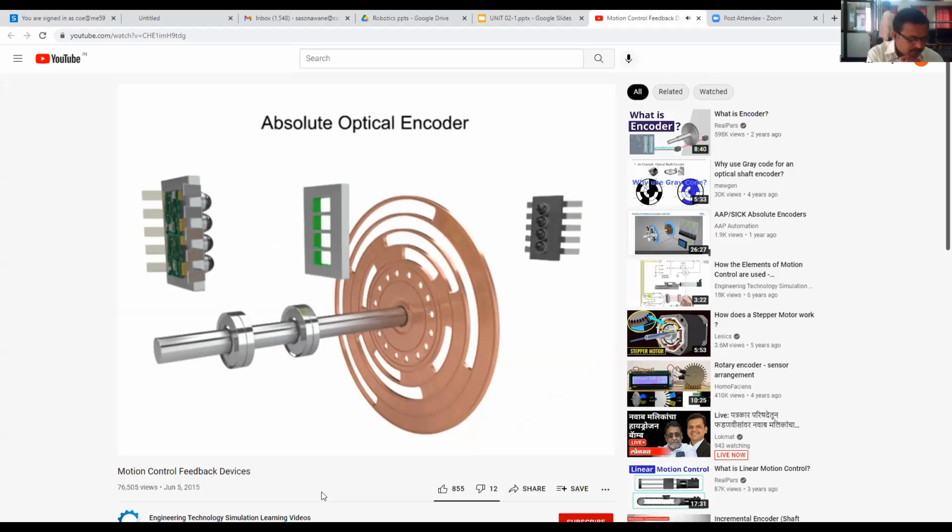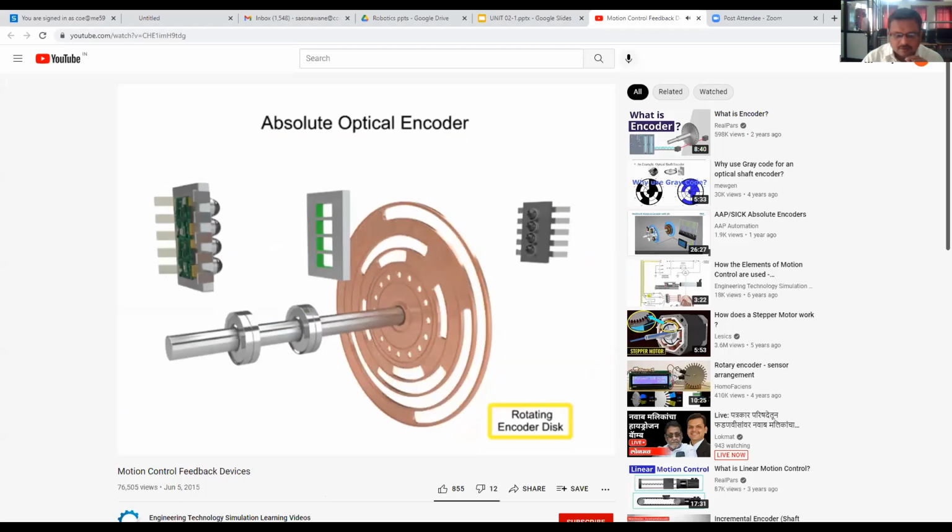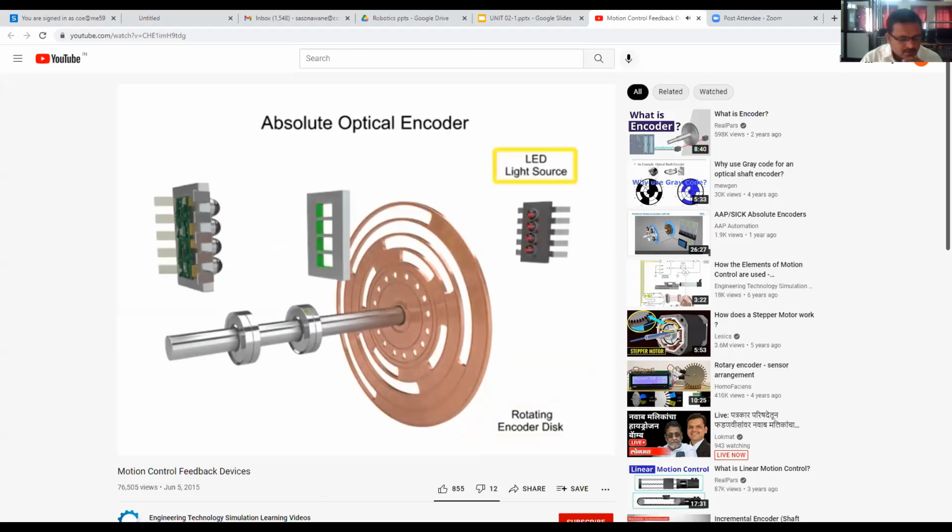An absolute encoder consists of four major components: a rotating encoder disc, a light source such as an LED, a detector as the light sensor, and a signal conditioner that converts the signals into square waveforms.